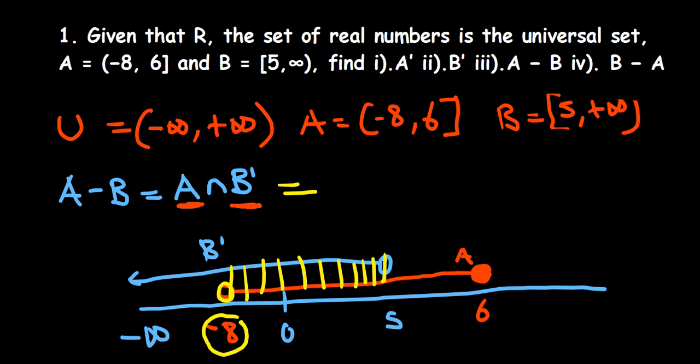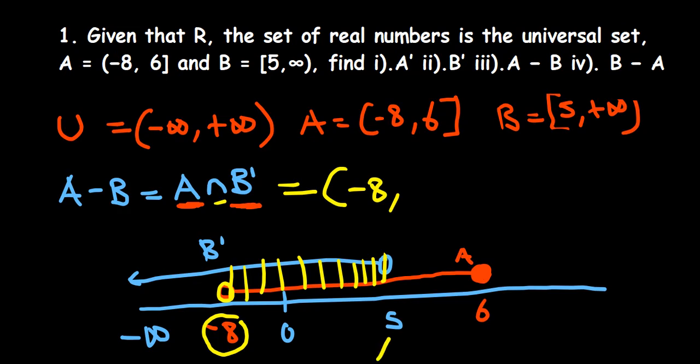Because minus 8 is not in both of these sets, remember intersection takes the common elements in both sets, we're going to write a curved bracket here and then minus 8 comma.